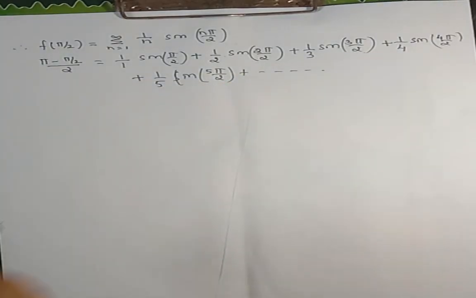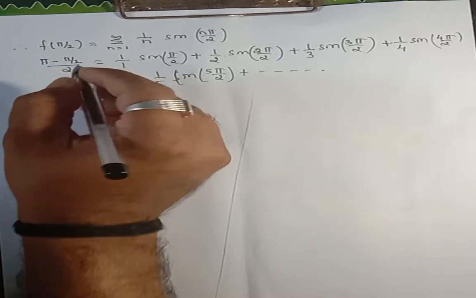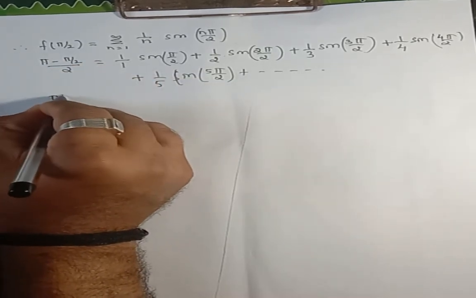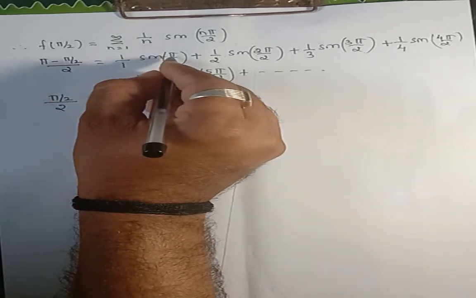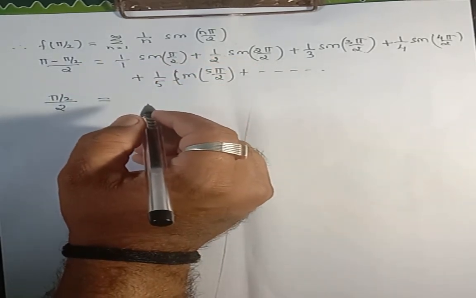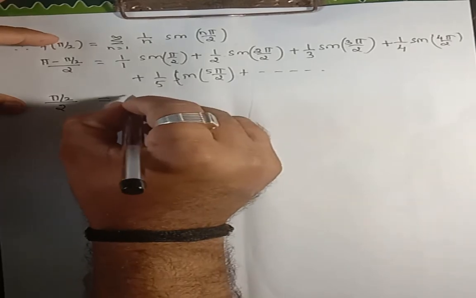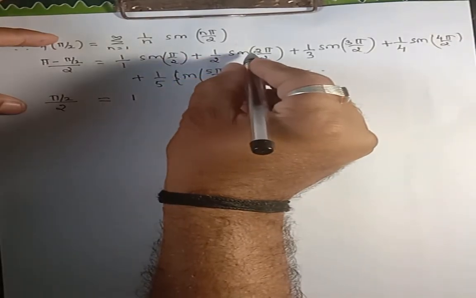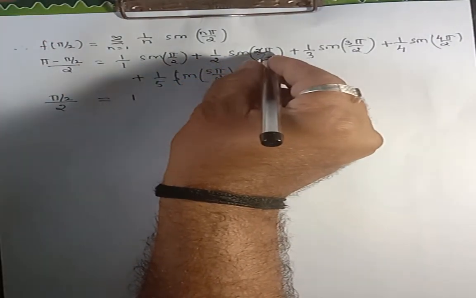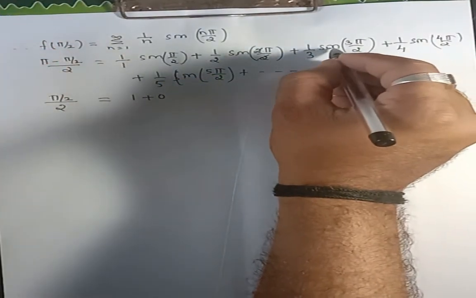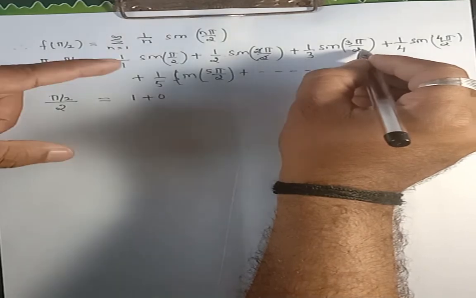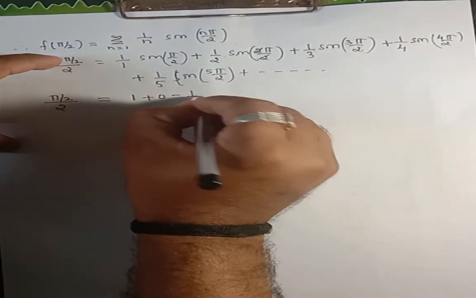Here, pi minus pi by 2 is pi by 2, and pi by 2 divided by 2 is pi by 4. On the right, 1 divided by 1 sine 90 degrees, and sine 90 is 1, so this becomes 1. Sine pi is 0, plus 0. For the next one, sine 3 pi by 2 is minus 1, so minus 1 by 3.